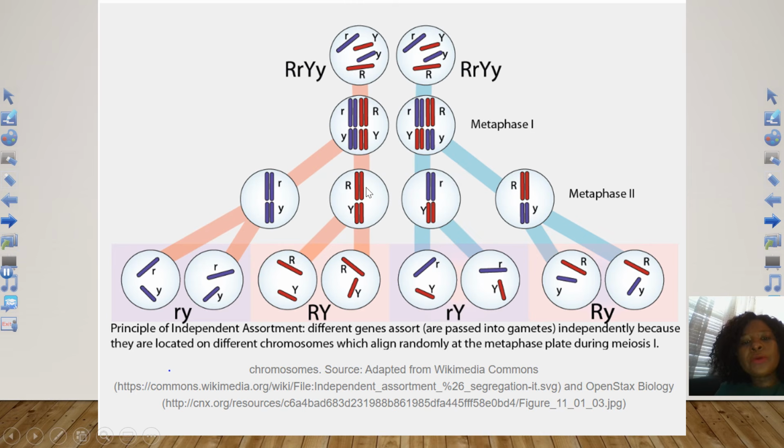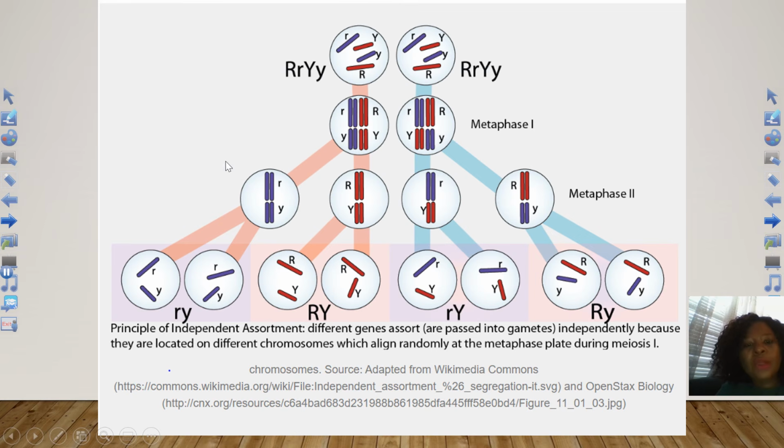Then the red ones are going to go into the other gamete, that is the capital R and the capital Y. So this is now the assorting part. The order in which they were arranged is not going to change when they move from the equator to the opposite poles during anaphase 1.